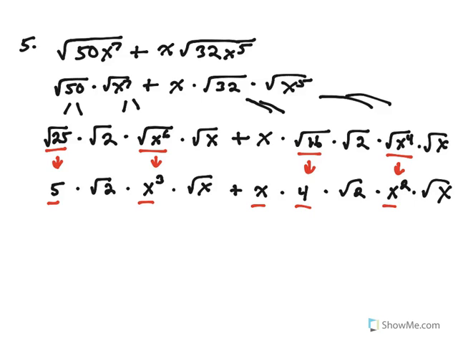Excuse me, we have the plus sign in the middle. I meant to say 5 times x cubed. So let me do this, I kind of jumped ahead. 5x cubed. So what we're doing is we're multiplying these two together, and then there's the plus sign, and then we're going to do these two together. Okay?